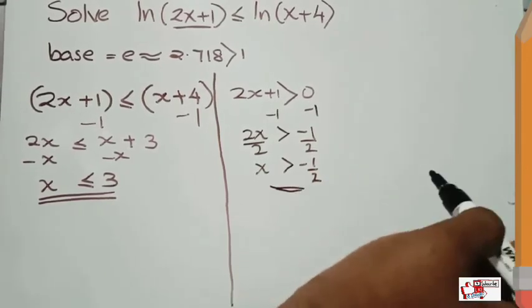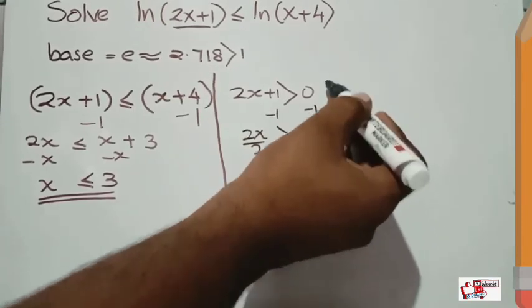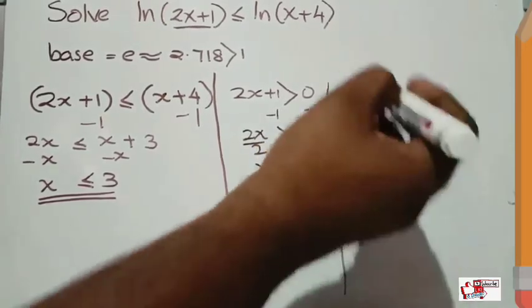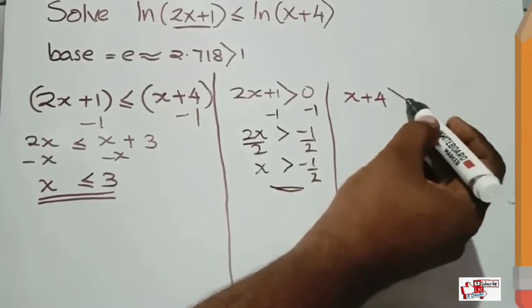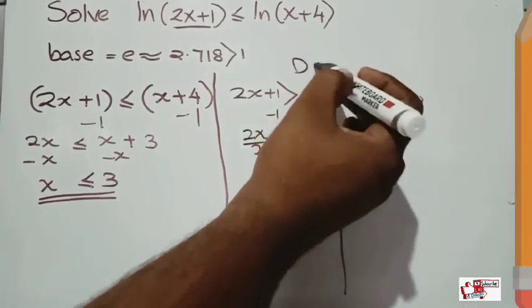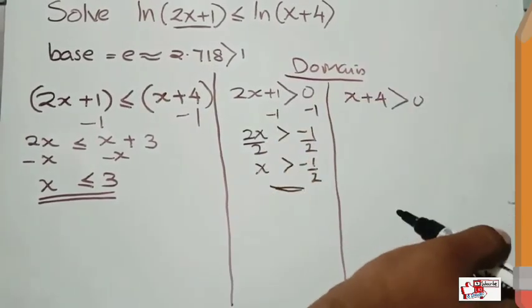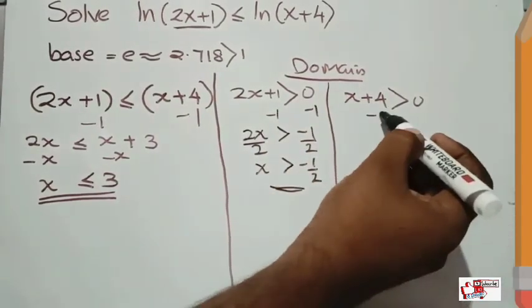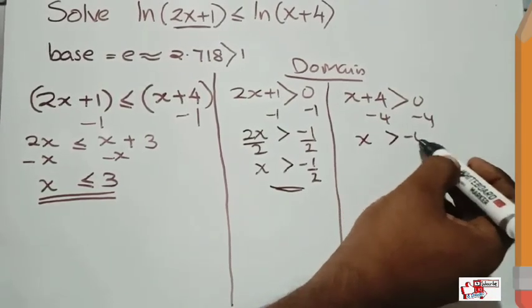See, in a simple way we are getting the answer just by doing the opposite operation. Now let's take the next part, x + 4 greater than 0. These both are domains. In such case, we get x greater than minus 4.